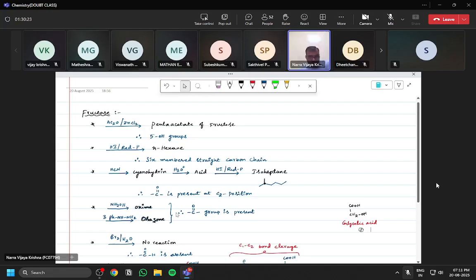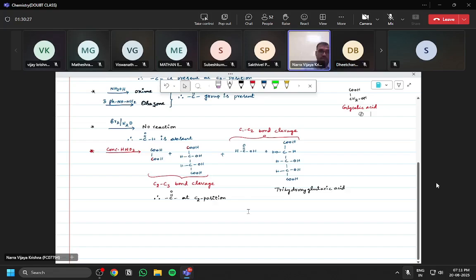In the same way, like glucose, we also have seen some reactions to confirm the structure of fructose. Like glucose, fructose also exists in cyclic form. Like glucose, here also some rotation is observed, right? There we call it mutarotation, but here I don't call it mutarotation.